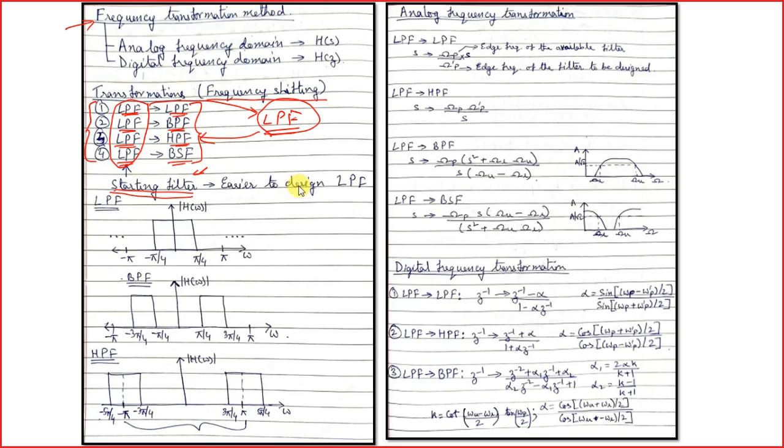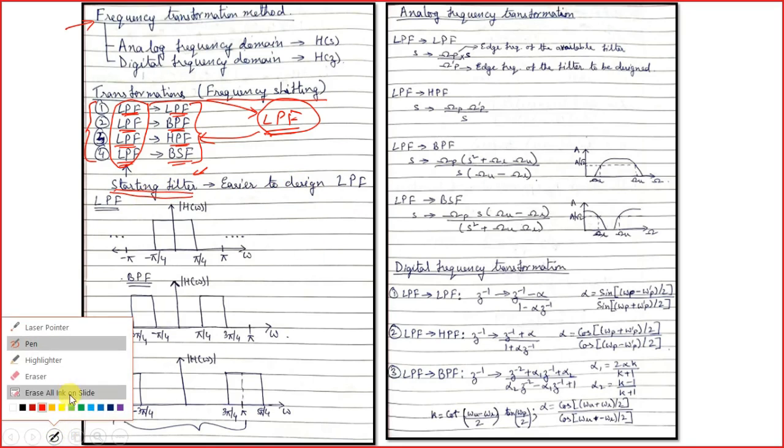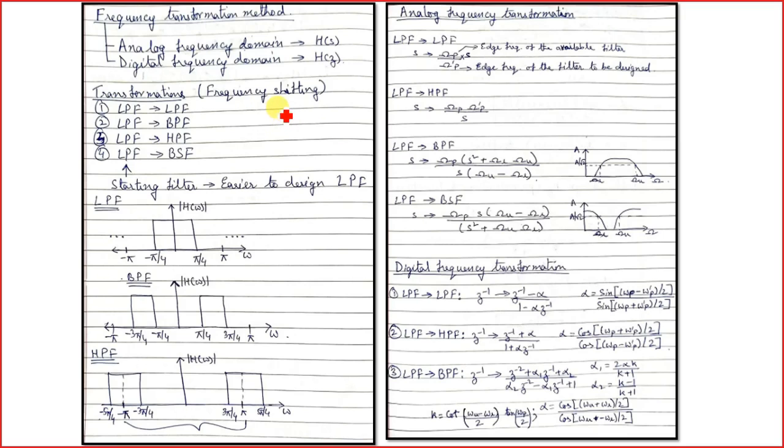Whether you talk about the analog frequency domain or the digital frequency domain, in the analog frequency domain, if you try to design a low pass filter, this is your S plane, sigma j omega. You place a pole near to the real axis or on the real axis. Over here you will get a region which is a low pass filter stopband.